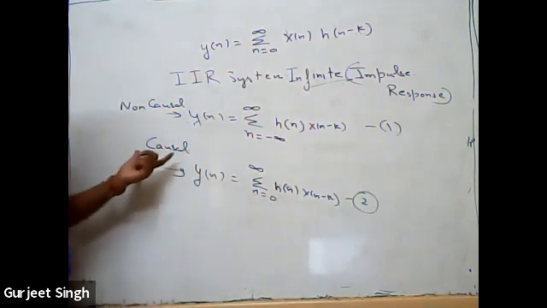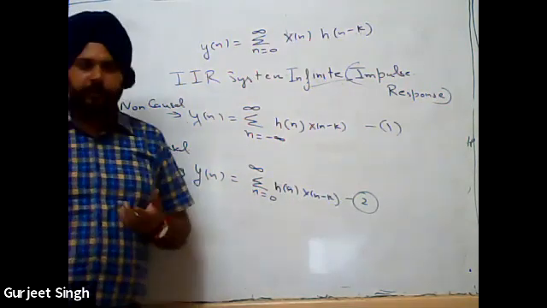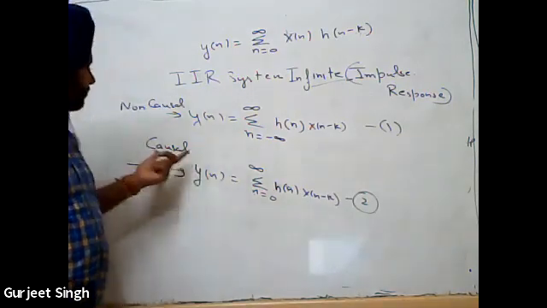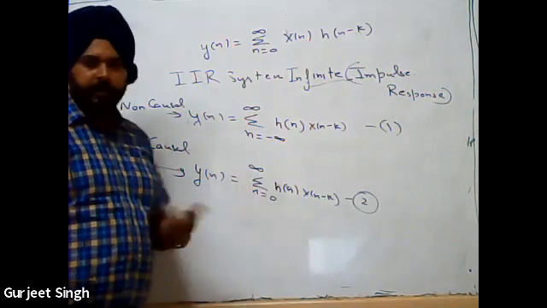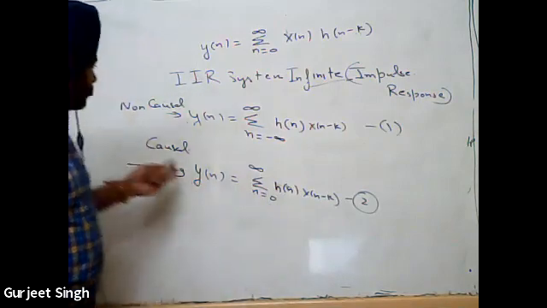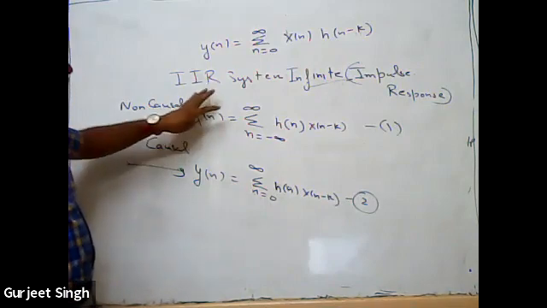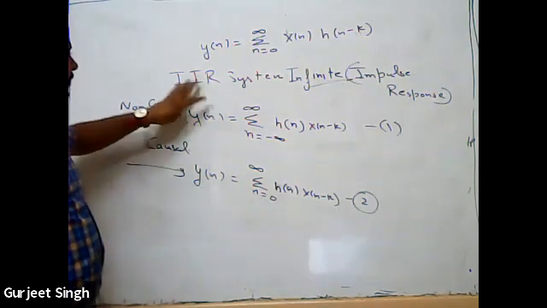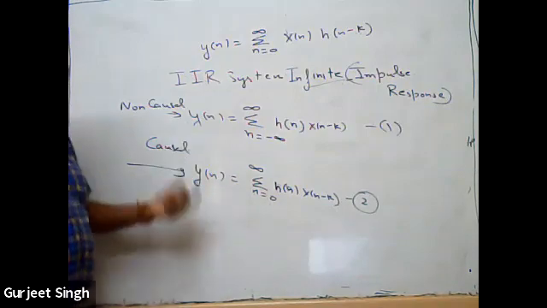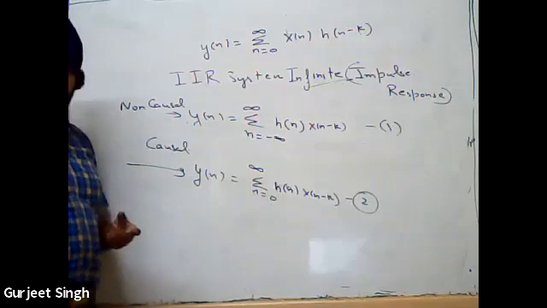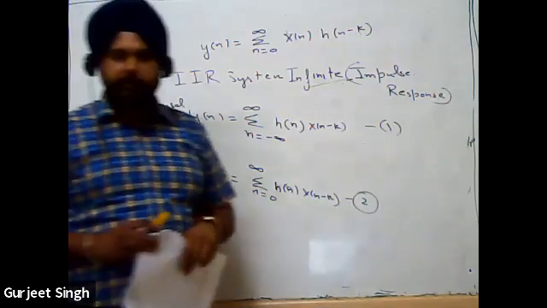That is the condition of causality in the LTI system, so it must be zero for negative values of n. So this is the causal LTI system, and the above one is the non-causal LTI system, the IIR system, infinite impulse response system.